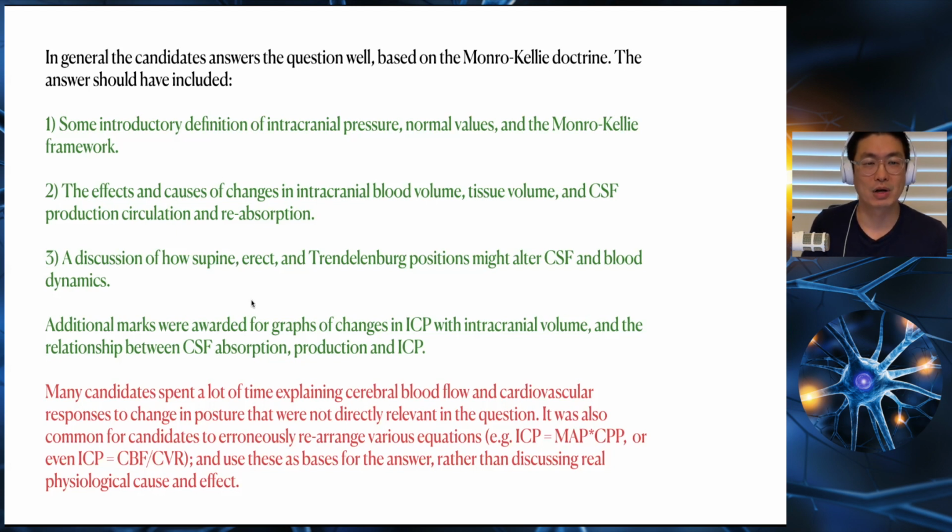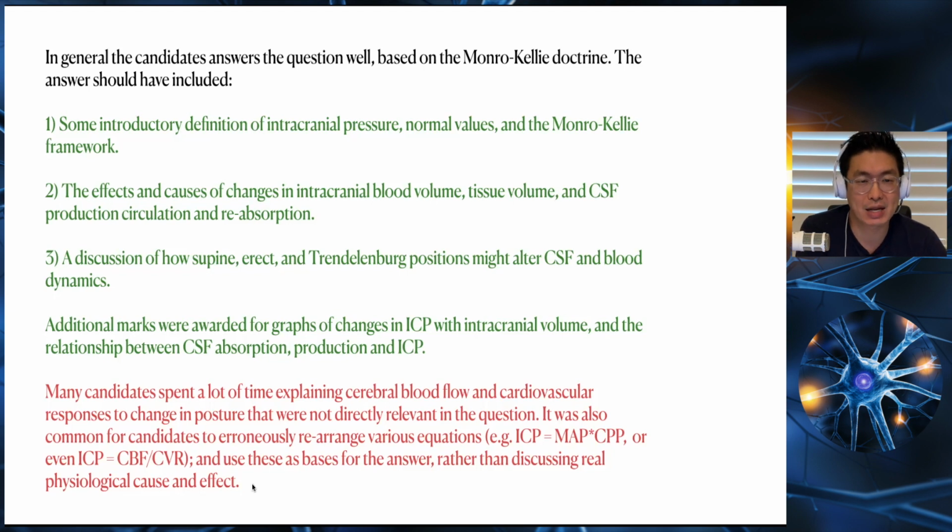Additional marks were awarded for graphs of changes in ICP with intracranial volume and the relationship between CSF absorption, production, and ICP.